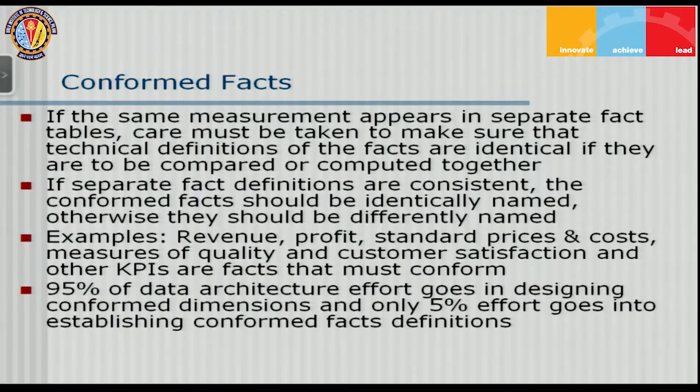If they are not conformed, I'll not be able to do any kind of comparison between them. And if they are the same facts being shared, then I must make sure that I name them identically, right?